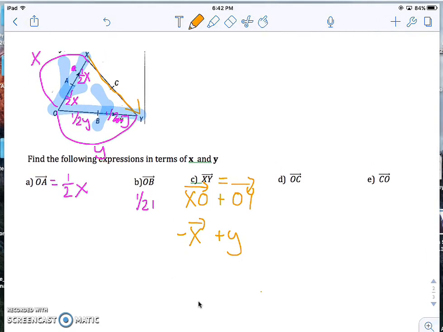Okay, I'm going to erase some of this because that's kind of a mess. So we have that. Let's see for this next one.